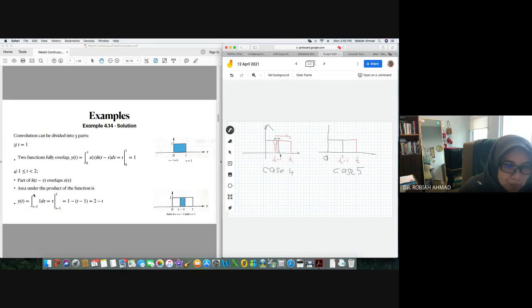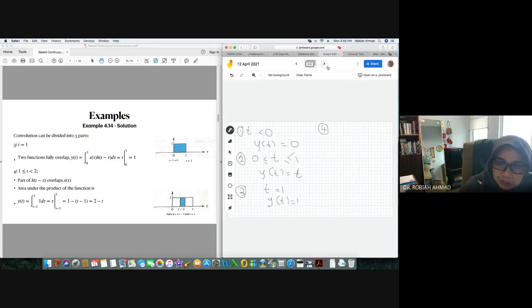Okay, again, since these two signals are 1, 1 times 1, 1 d tau, and then again tau, and then kita substitute the value, the y will be, this one tadi saya kata apa, t between 1 and 2.